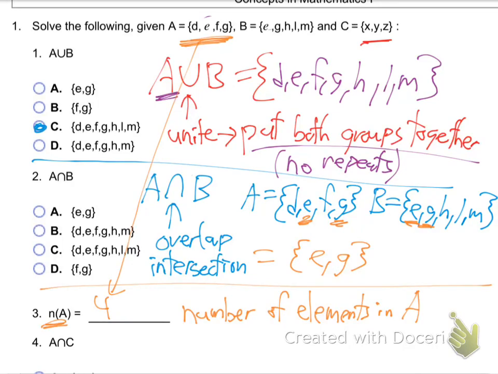So A overlap C. How do we do A overlap C now? So A is what? D, E, F, G. And C is X, Y, Z. So what's in both sets? Nothing. How do we say nothing in set talk?